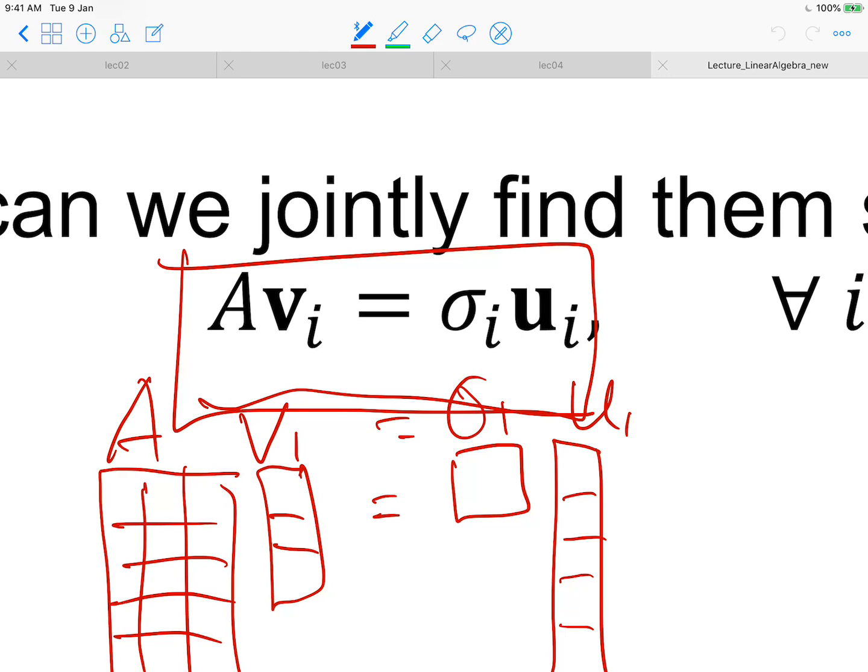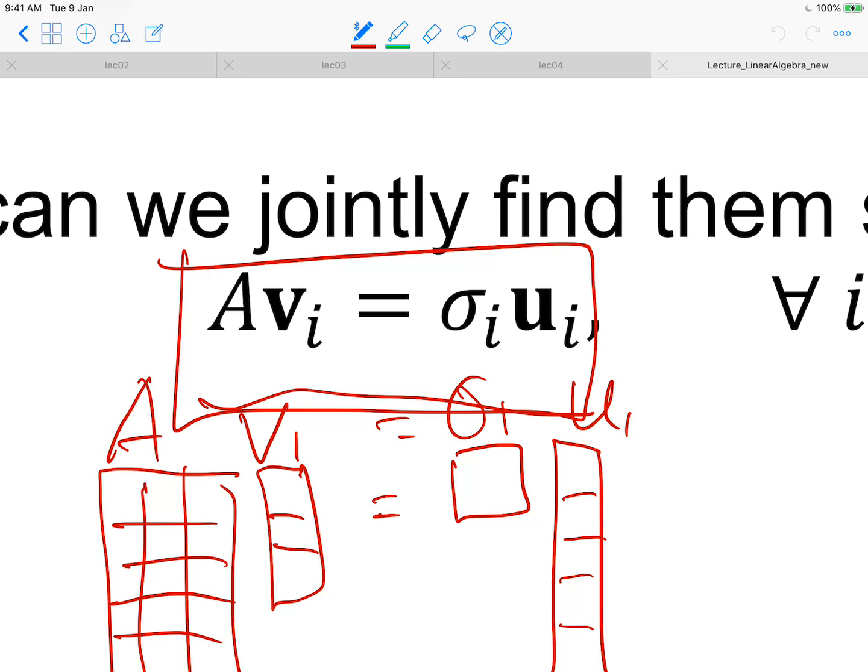Okay. A is a 5 by 3, right? And then V is some vector, right, as an input when multiplied on the right. And this vector is always mapped into some fixed directional vector in the output space, where the output space is 5-dimensional space.